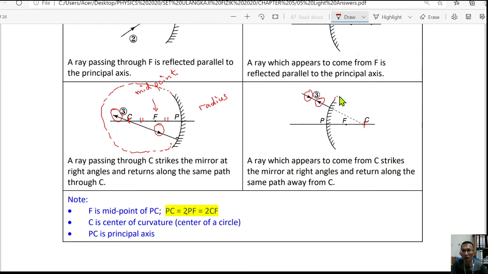If I do the same thing for this convex mirror, my F and C are also in the circle. So if I'm to draw the line for a concave or for a convex mirror, use the F and the C in the circle. Do not use the F and the C outside the circle. Alright.